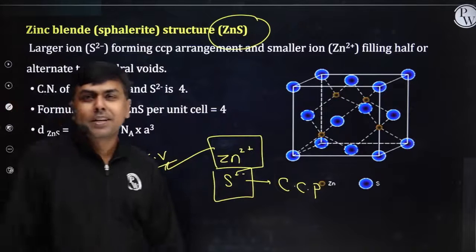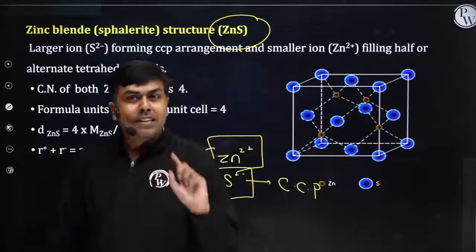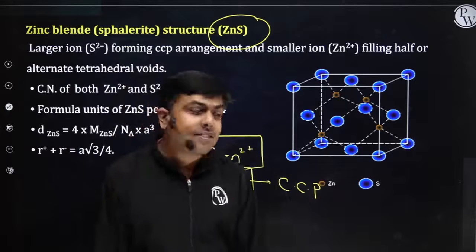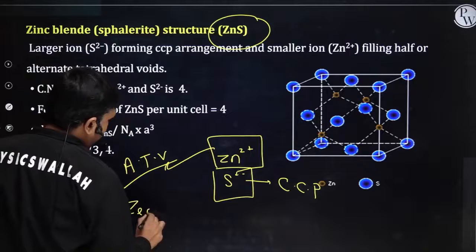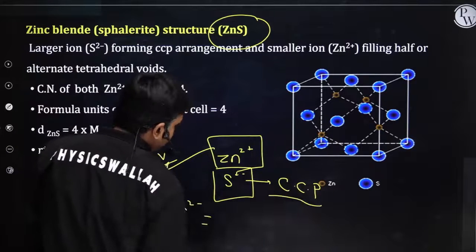What do we mean by the term ATV? It's alternate tetrahedral void. So cation is placed in the alternate tetrahedral void, whereas anions are placed in CCP. Am I clear? What's Z effective for S2 minus? CCP, Z effective 4.